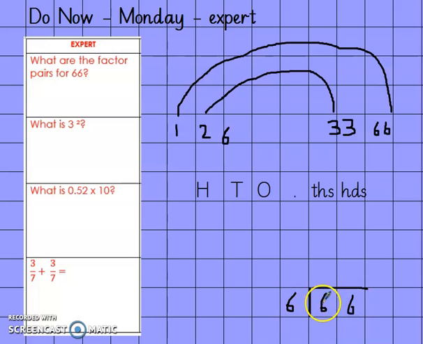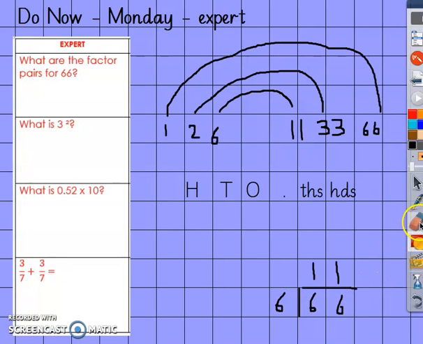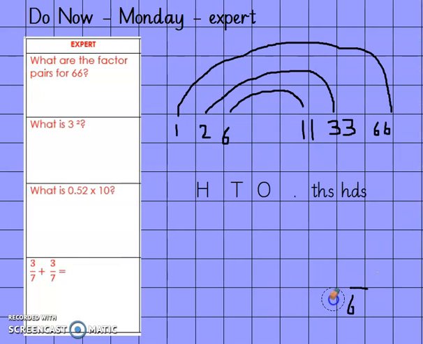Obviously 6 goes into 6 once and again, so my next factor pair is going to be 6 and 11. Rub it out, ready for the next one. And we've got our factor pairs there. So that's brilliant if you've done that. Well done if you've done that at the same time as me.